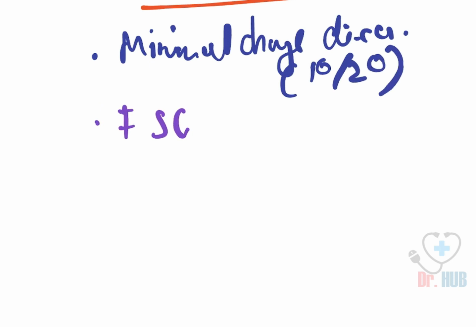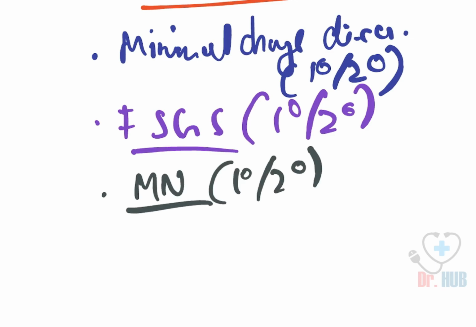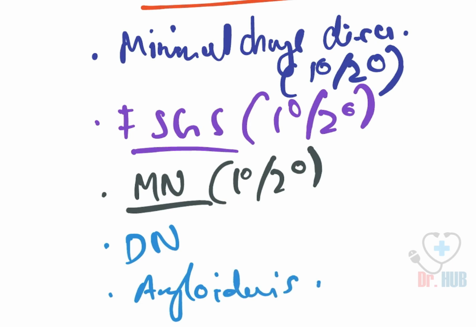Next, we saw focal segmental glomerulosclerosis, FSGS, also primary and secondary. The third is membranous nephropathy, again primary and secondary. Then diabetic nephropathy as well as amyloidosis.